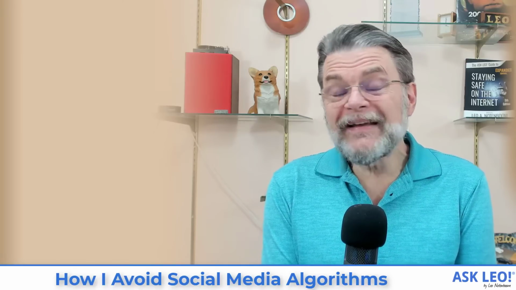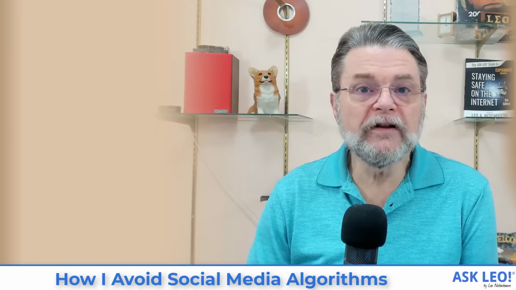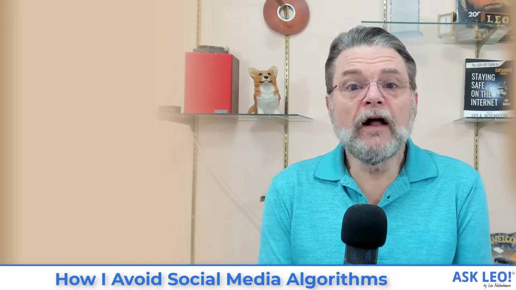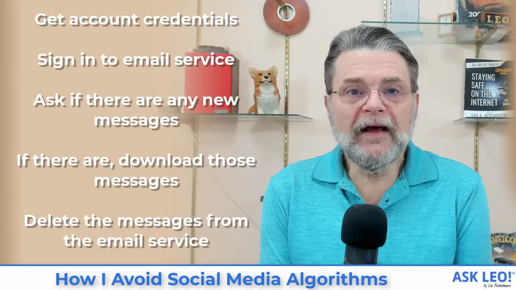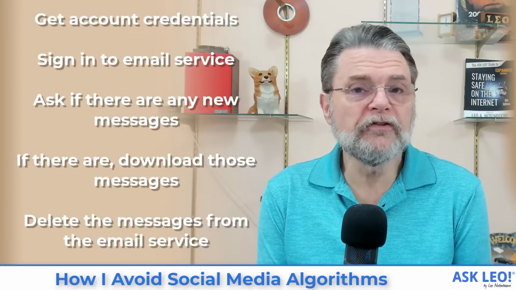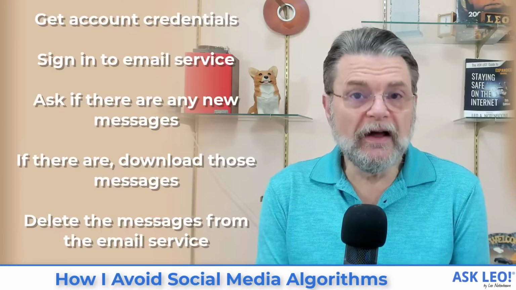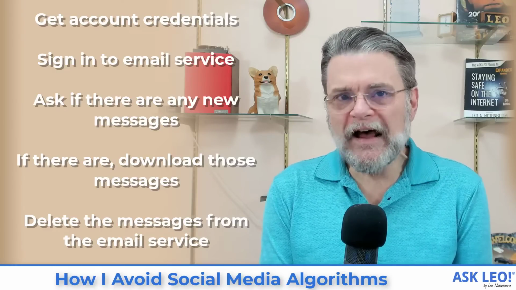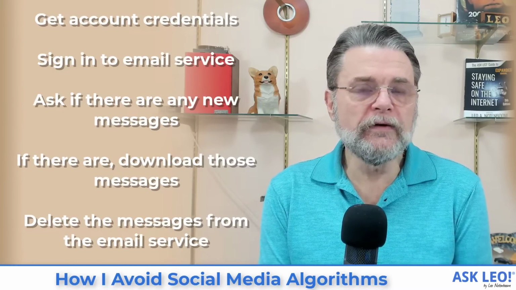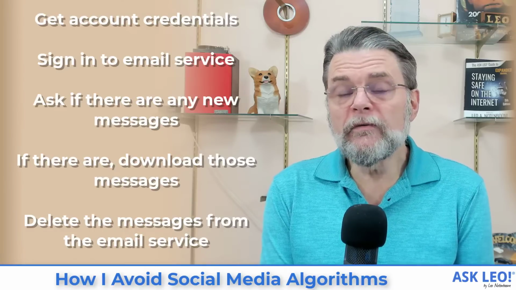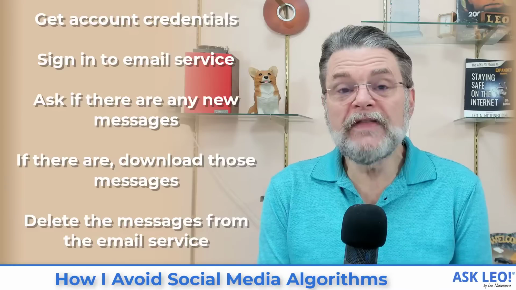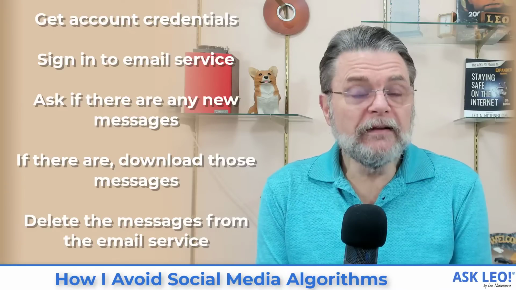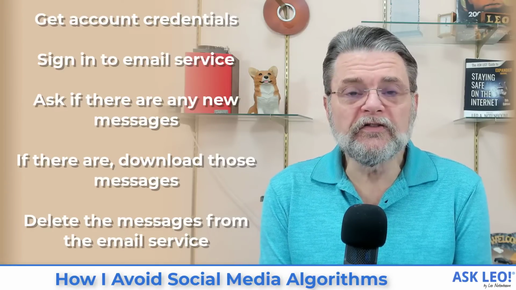Now, one example that I've used in the companion article for this video is the algorithm for checking for new email. It could be as simple as: go get the account credentials that I've stored somewhere, sign into the email service, ask the email service if there are any new emails, download the messages if there are new emails to download, and then, if configured, delete the emails from that online service.